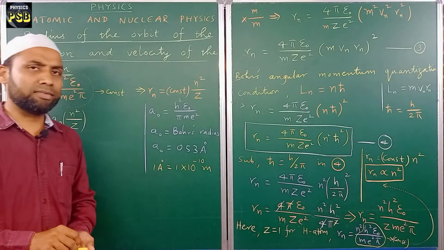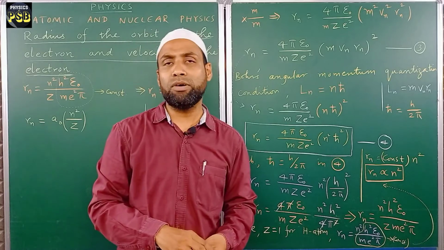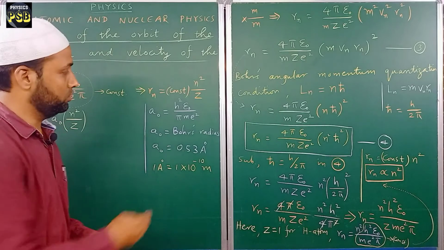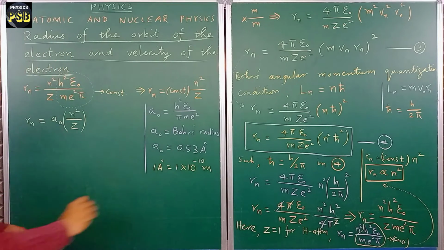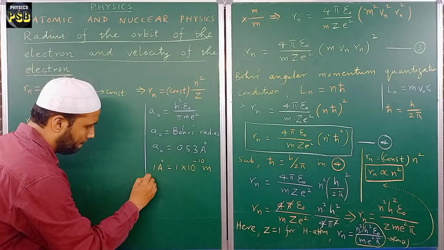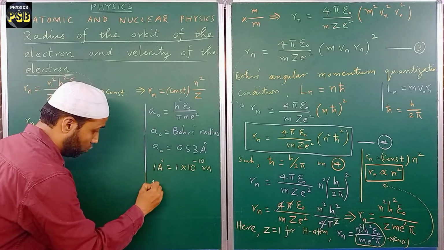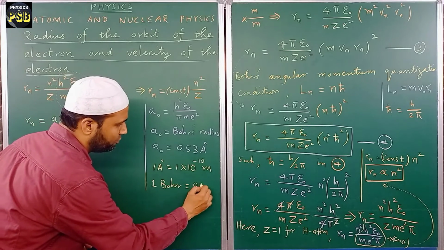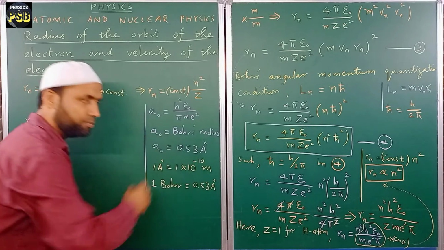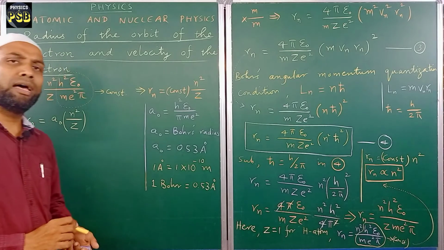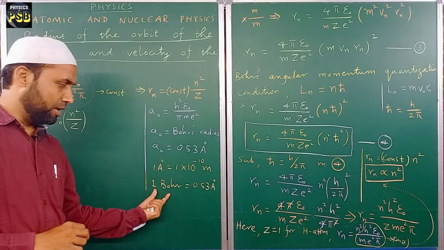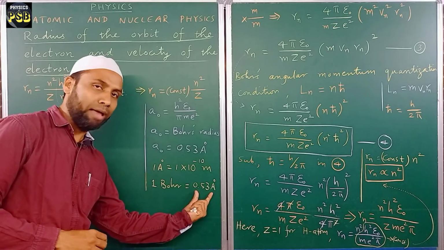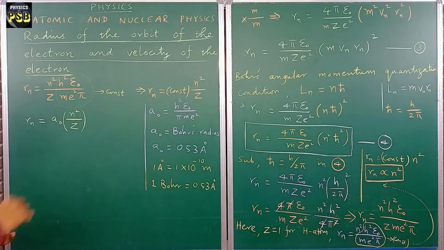Bohr's radius is also used as a unit of length called Bohr. One Bohr equals 0.53 Angstrom. When we use Bohr's radius as a unit, it is called 1 Bohr. It possesses a value equal to 0.53 Angstrom. Clear? That's all about it.